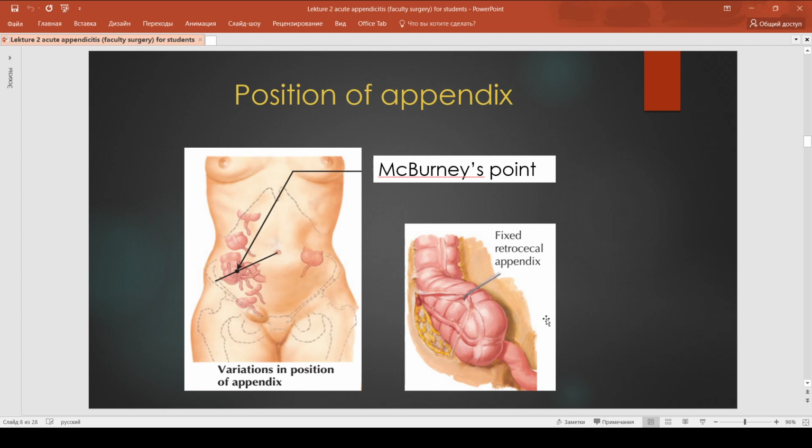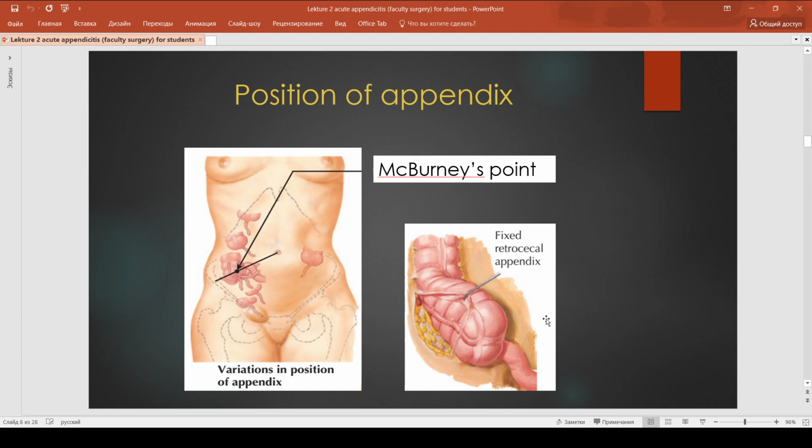We have a special procedure called Ladd's procedure. We dissect this Ladd's band, and most of the time we must provide appendectomy because it's a little bit confusing when people have very intense pain from the left side and no sign of perforation or abdominal mass. So we didn't know what happened.